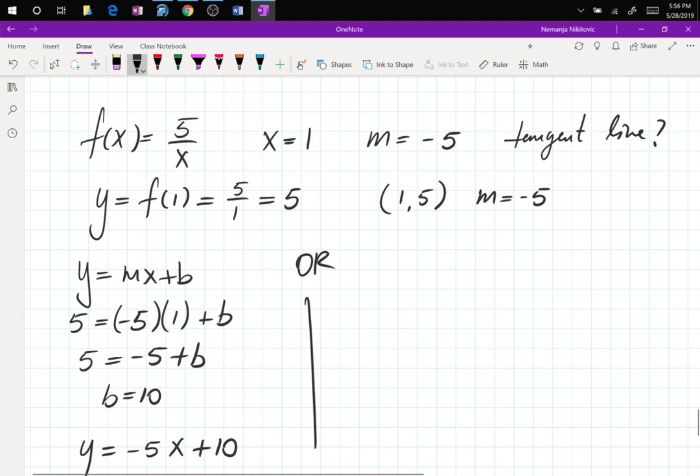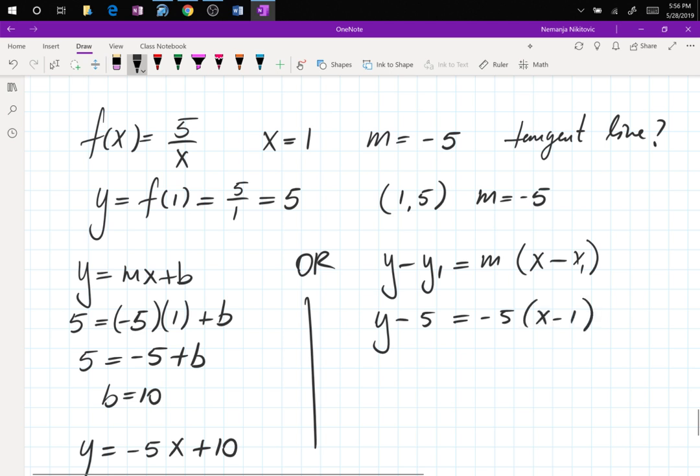Or y minus y1, which is 5, equals negative 5 times x minus x1, which is 1. You can use the other formula, plug everything in it. Let me put the formula first. So y minus 5 is equal to negative 5 times x minus 1.